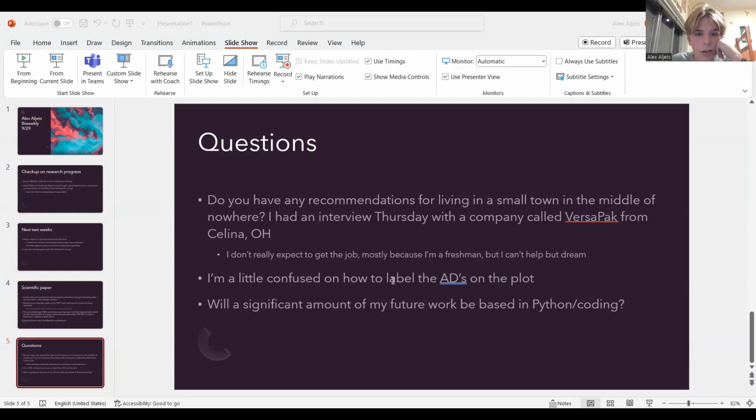I still have a very vague idea of actually what each chunk of code here is doing. But for labeling what the Alzheimer's drugs are, I would assume you would want to label them down here because that's where they're starting, and this is where they're coming from.